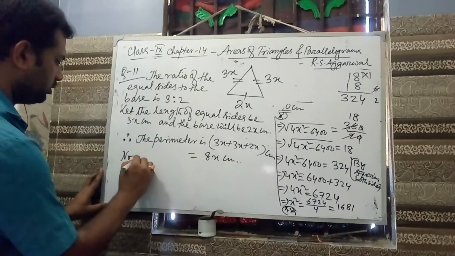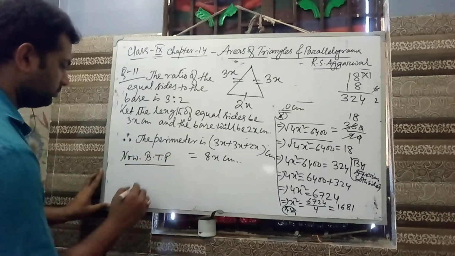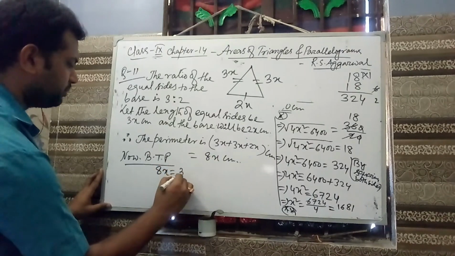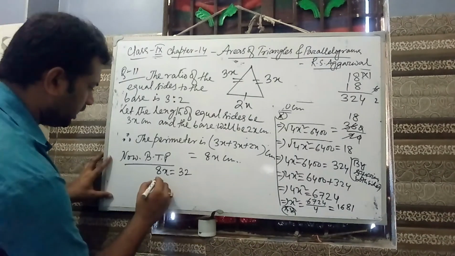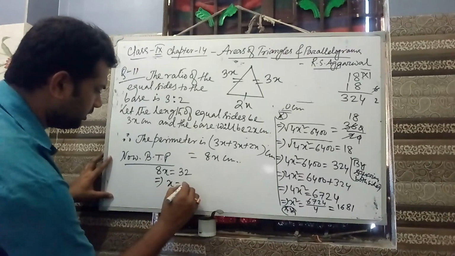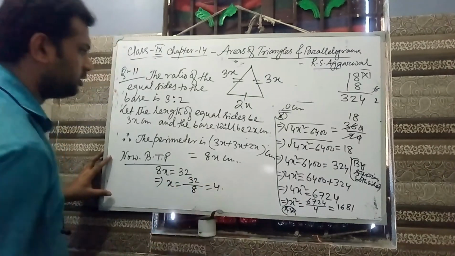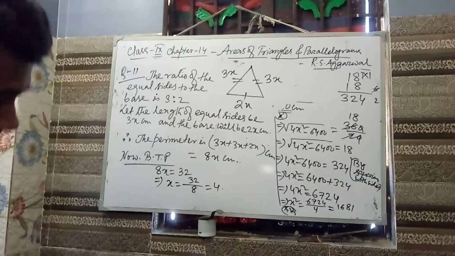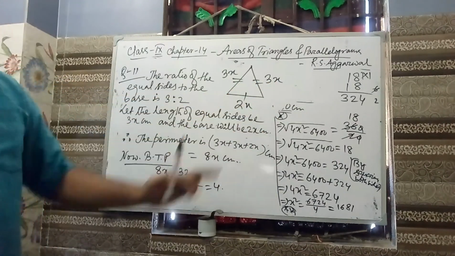Now by the problem, this perimeter 8x must be equal to 32, because the perimeter of the triangle is given as 32. So that implies x will be 32 by 8, that is 4. So if x equals 4, the sides will be 3 into 4, 12, 3 into 4, 12, 2 into 4, 8.